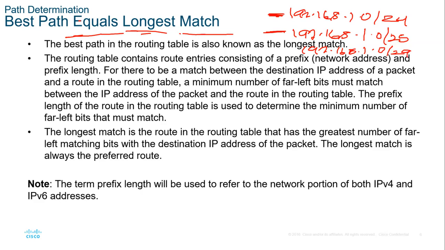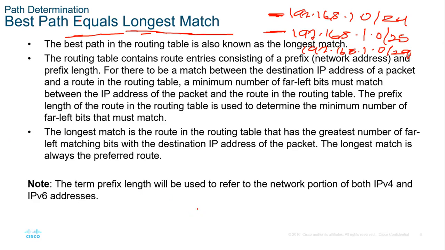Which one would be the best path? The best path would be the one with the longest match. Most of the time, it's the smallest network on the list. As you can see, this is /29, so it would be the best path.